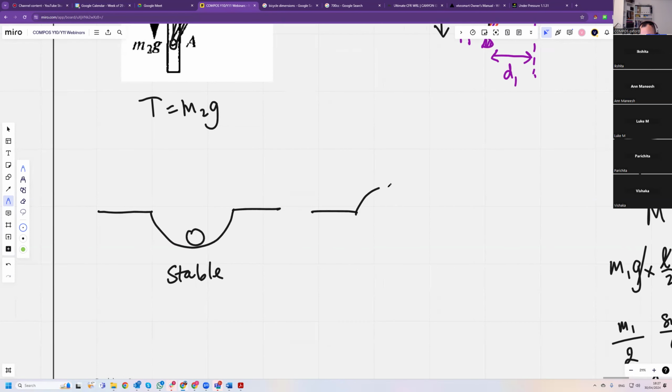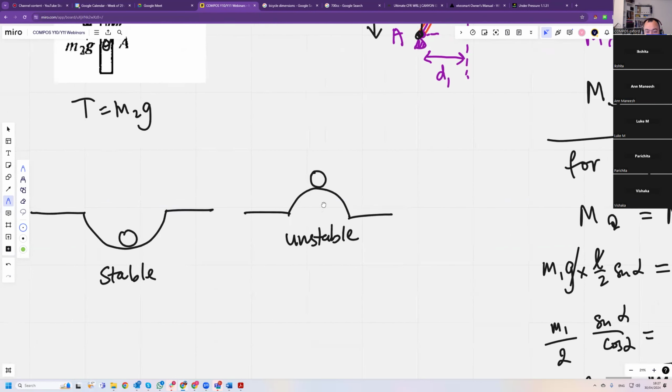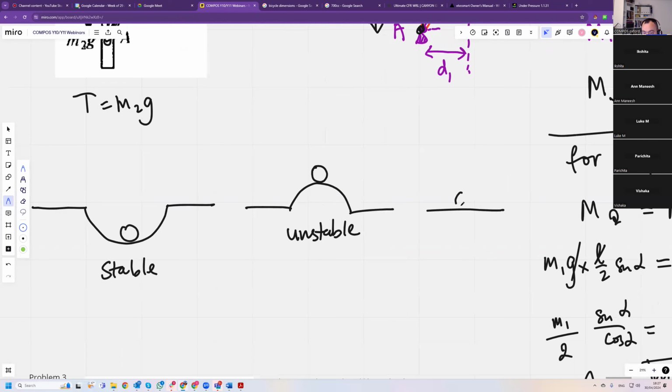If you have an upside down bowl and the ball, this is unstable. It can balance on the top, but it won't remain. If you shift it slightly, it won't come back. And if it's like this, it is called neutral equilibrium. Types of equilibrium.